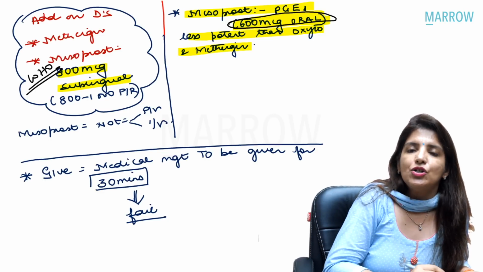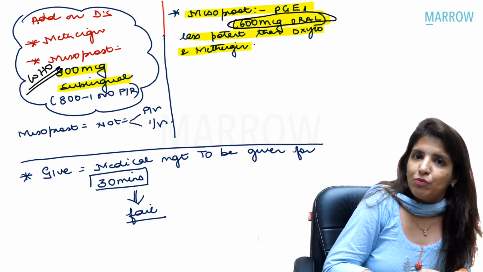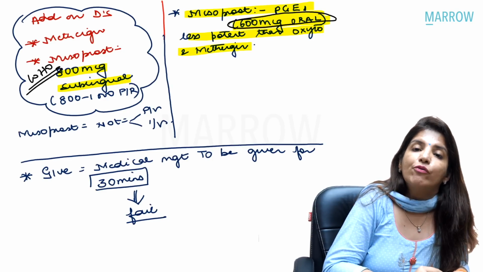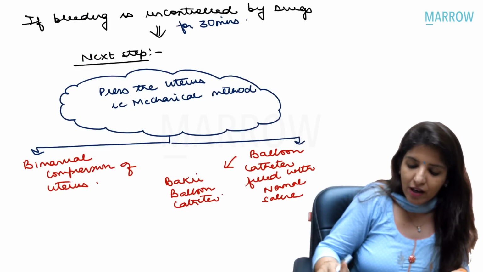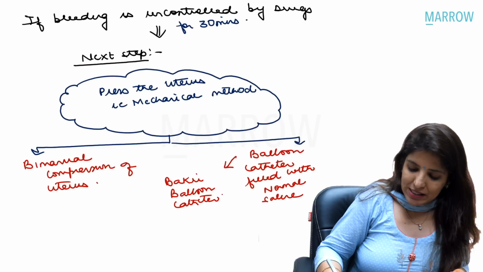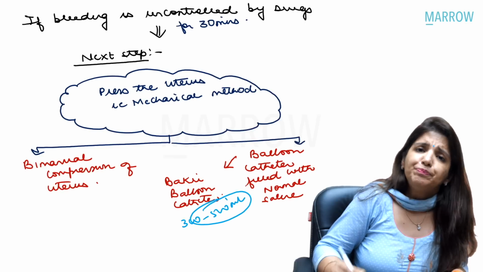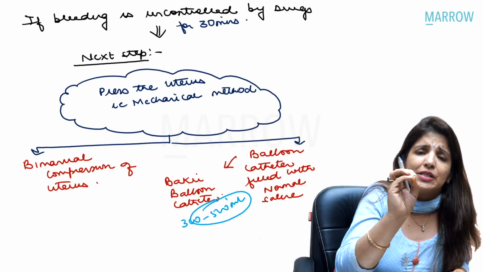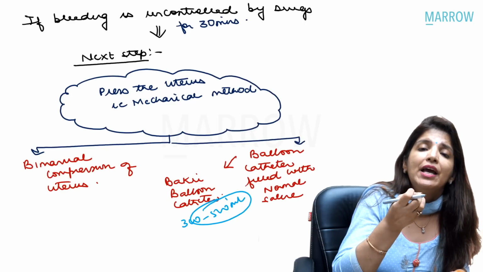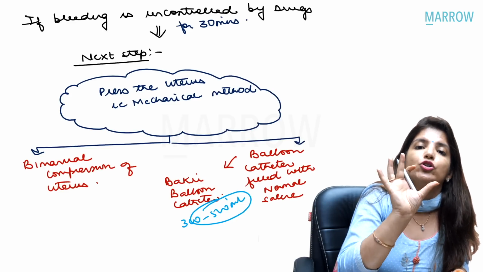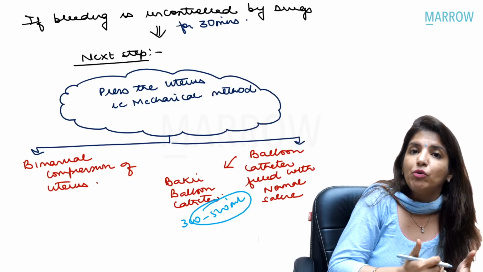The other method is a balloon catheter, which is called a Bakri balloon catheter, or a Foley's catheter, and you can fill it with normal saline, up to a maximum of 500 ml. Once you take the balloon inside, you fill it with warm normal saline, and because it will inflate, it is going to put pressure on the uterus and the bleeding will stop.